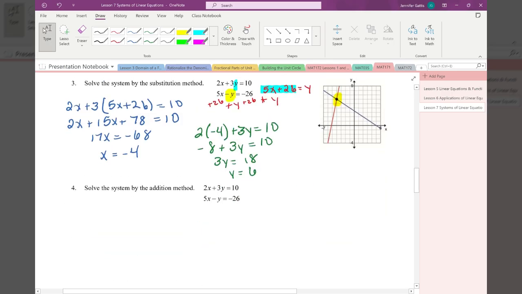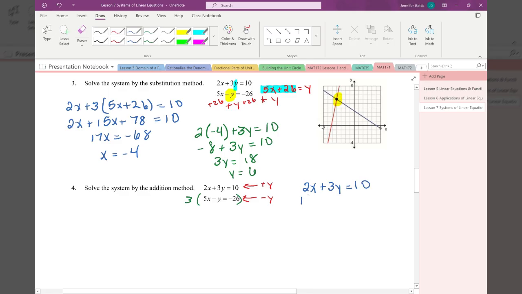So when we look at this one by addition or elimination, one thing that I notice here is that I have a negative y, and here I have a positive y value. So what we could do is take this here and multiply it by 3. And the reason for that is because that's going to allow us to eliminate the y parameter. So that gives us 2x plus 3y is equal to 10.